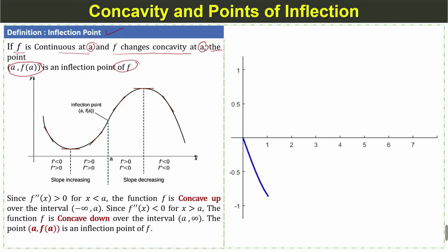This means the function changes its concavity at this point, for example, this point (a, f(a)). We can see before this point the function is concave up, and after this point the function is concave down. So this is the inflection point at which the function changes its concavity.